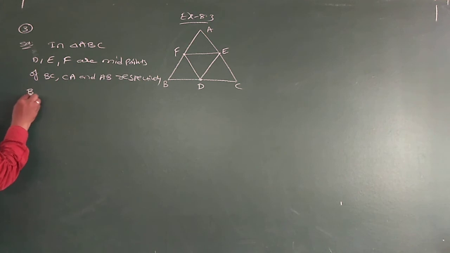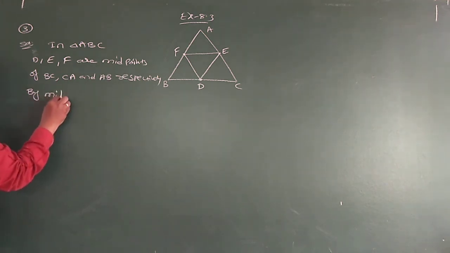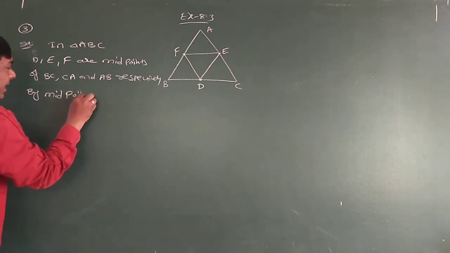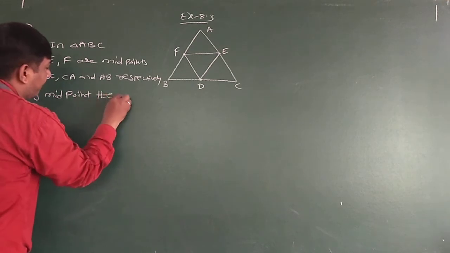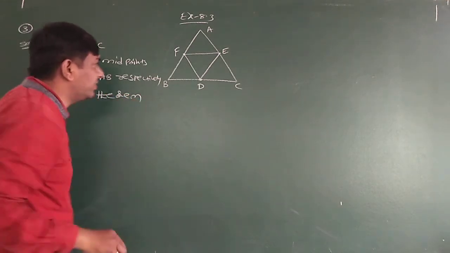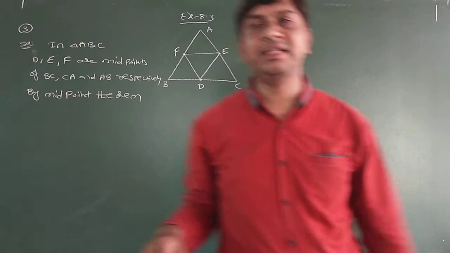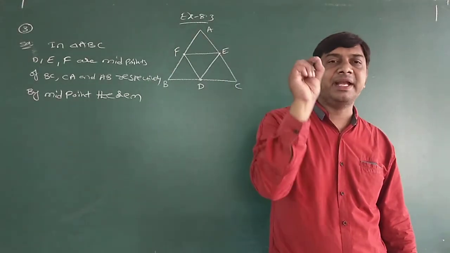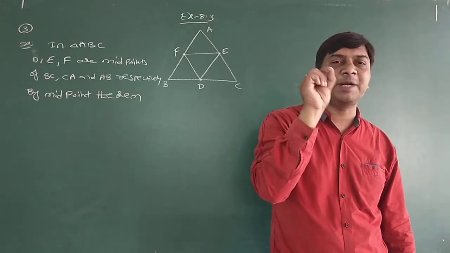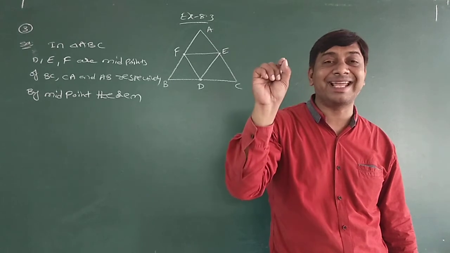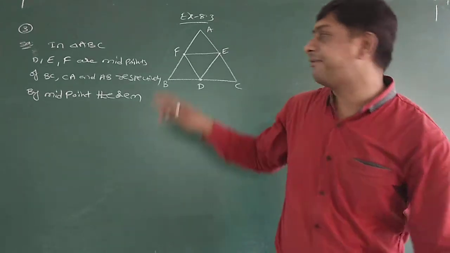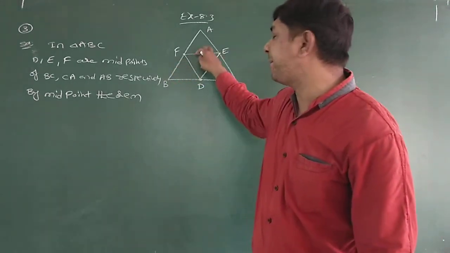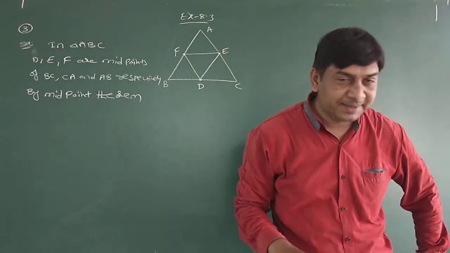By the midpoint theorem, which you already learned in class 9, a line segment drawn from the midpoints of two sides of a triangle is half of the third side and parallel to the third side.